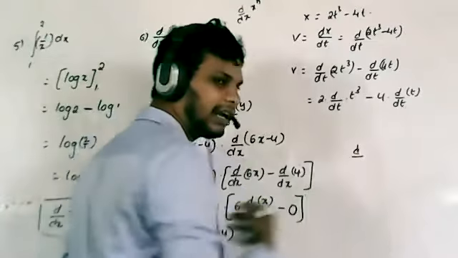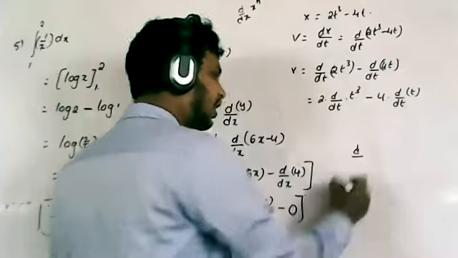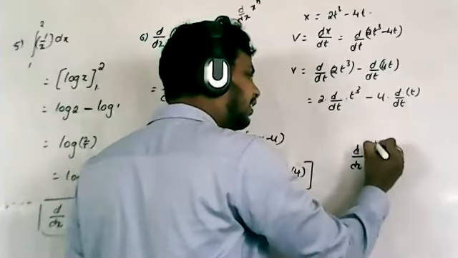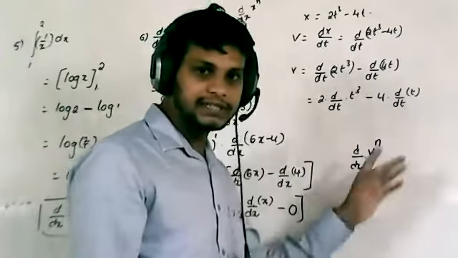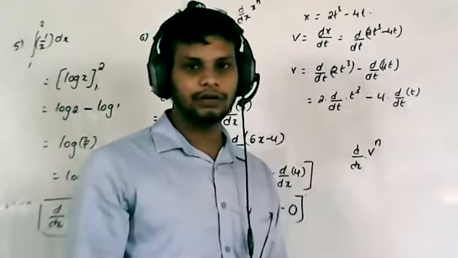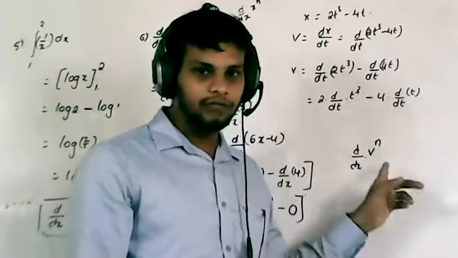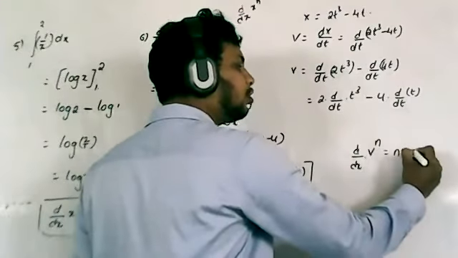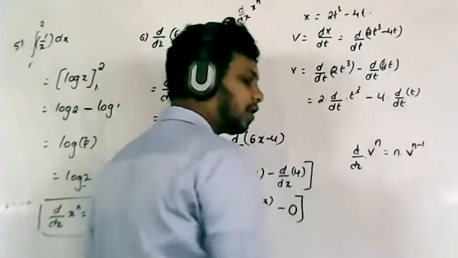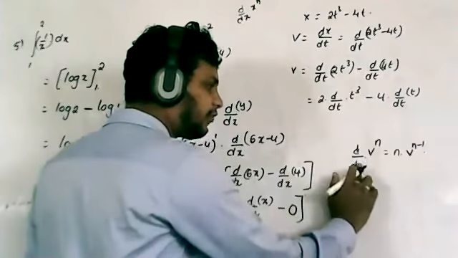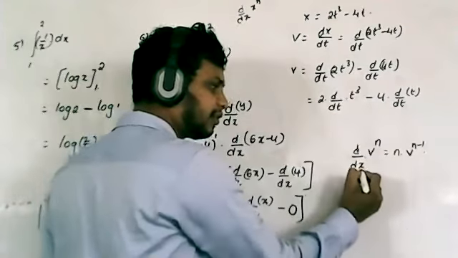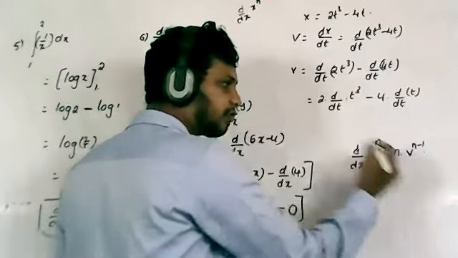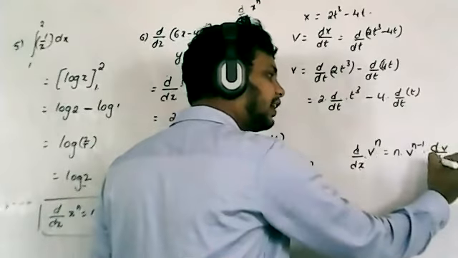For example, my name is Vinay, I like the letter V very much, so I can write d by dx of V power n. Now V is a variable. Therefore, you write n into V power n minus 1. Here the differentiation element is x and the function is V, so again we have to take dV by dx.